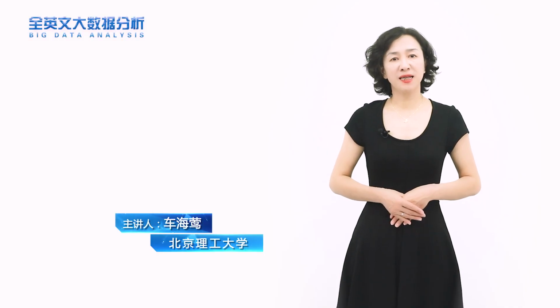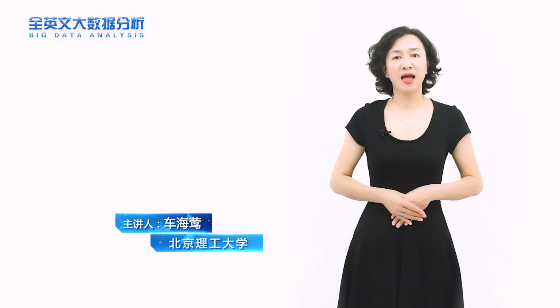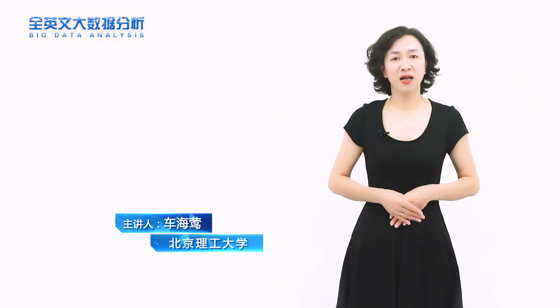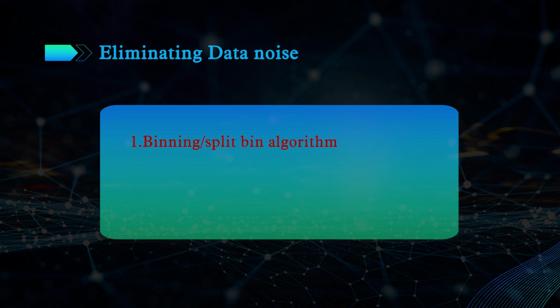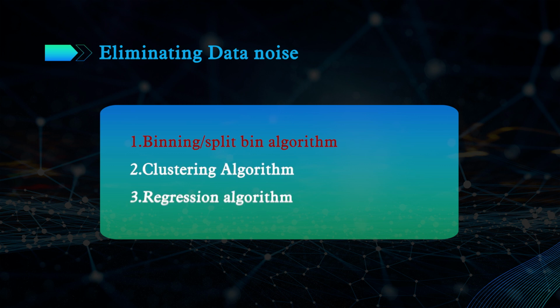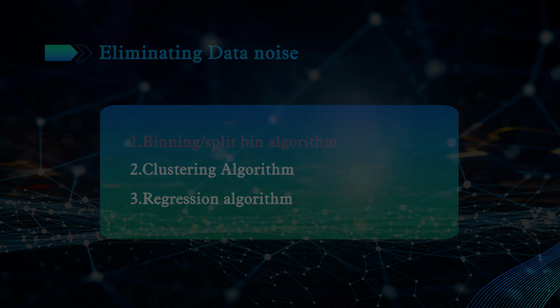The third data cleaning technology is eliminating noise data. Data noise can be eliminated using different methods, such as the binning algorithm, clustering algorithm, or regression algorithm. First, let's look at the binning algorithm.